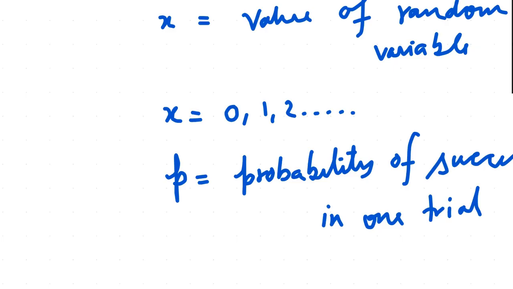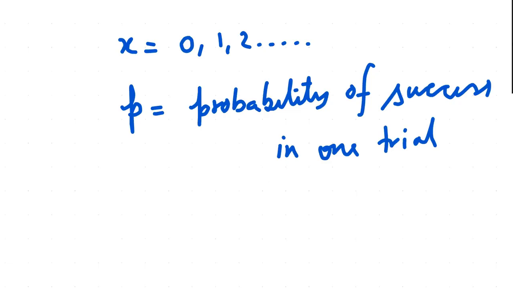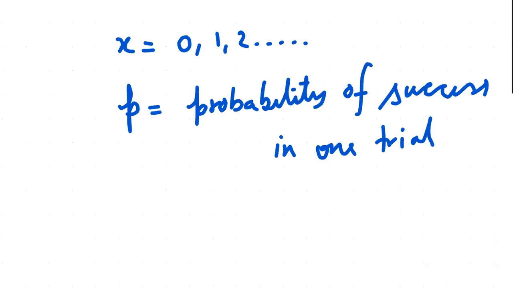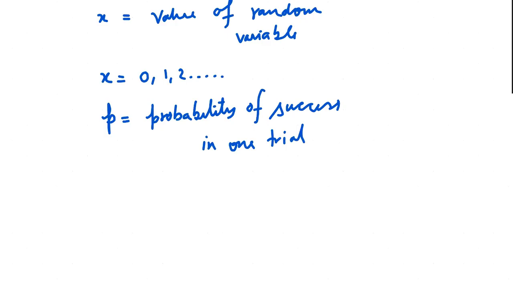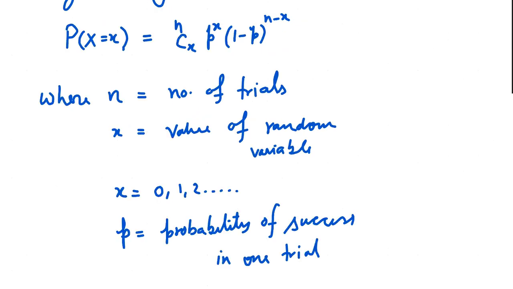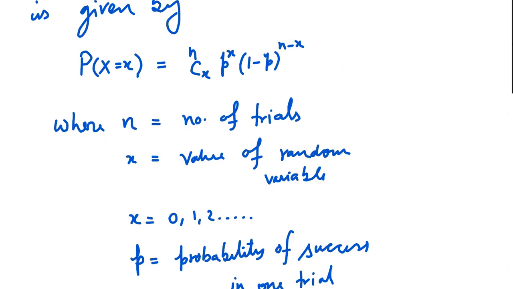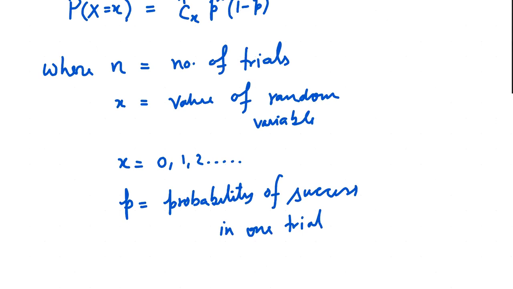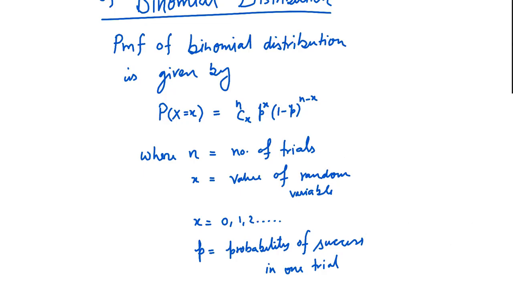Remember, when we toss a coin one time, the probability to get head or tail is 1 by 2 for both. Yes. So small p is the probability of success in one trial, and 1 minus p we can find by subtracting p from 1. So this is the PMF of the binomial distribution.